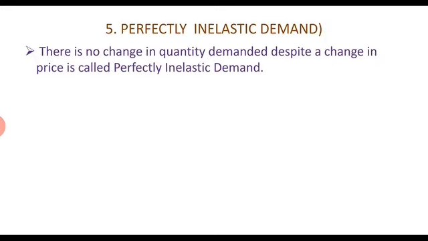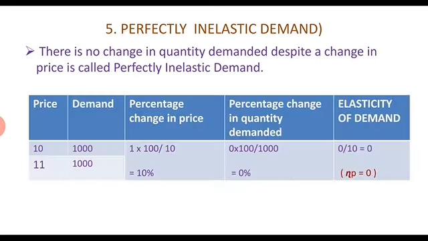Perfectly inelastic demand. When there is no change in quantity demanded despite a change in price, it is called perfectly inelastic demand. Here in this table, price changes from 10 rupees to 11 rupees.